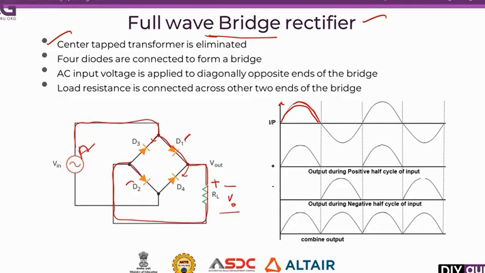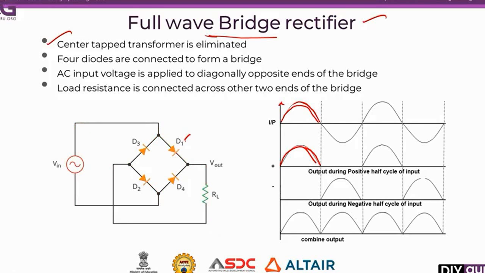So this diode D2 will be conducting and the circuit will close in this fashion. So current will flow in this direction, diode D1 will conduct, then it flows through the positive of the load, then D2 will be conducting, then the circuit closes in this way. So during the positive half cycle, these 2 diodes conduct, current flows through the positive of the load, so my voltage will also be positive.